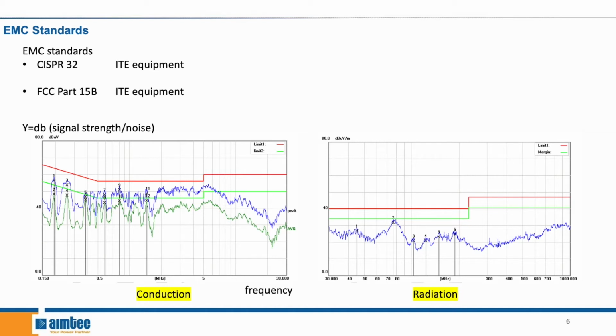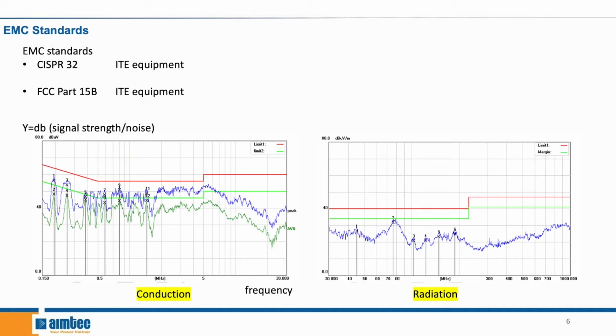The more margin we have, green line or lower, the more confident we are about the effectiveness of the EMC circuit. On the left-hand side, we have the conducted test results, which are plotted at lower frequency, typically from 0.15 to 30 megahertz. And on the right-hand side, we have the radiated emission test results, which are measured at a much higher frequency, ranging up to 1000 megahertz.